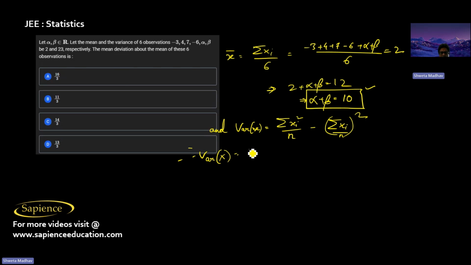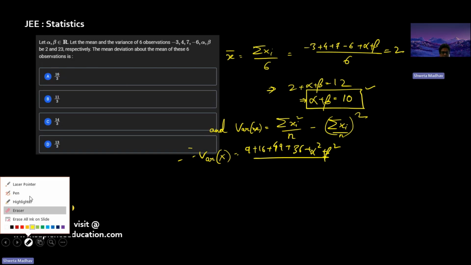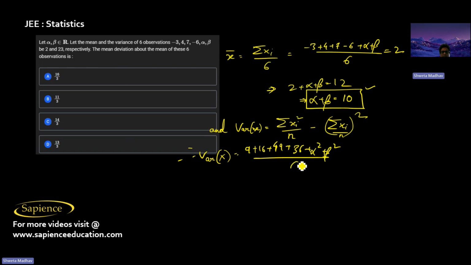That will be 9 plus 16 plus 49 plus 36 plus alpha square plus beta square by, sorry, by 6. There are 6 terms. So divided by 6, that will be equal to 23.